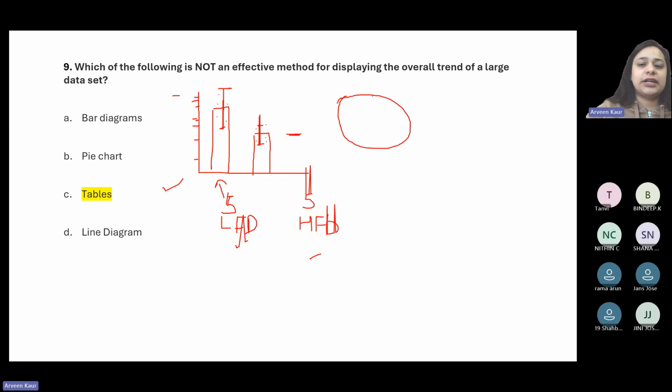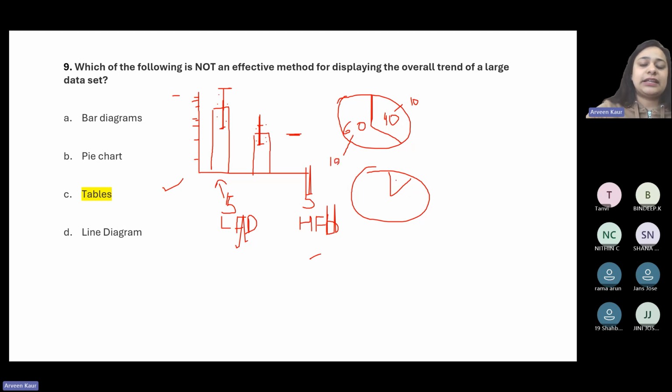A pie chart will say, if I draw two pie charts, that 40% of the high fat diet mice fainted after 10 minutes, and 60% fainted before 10 minutes, right?